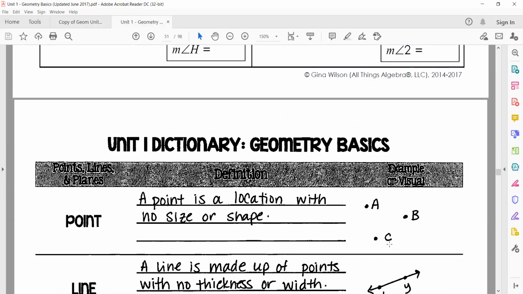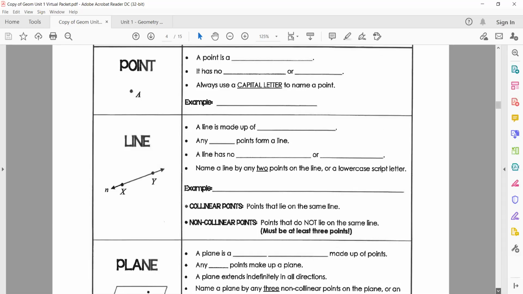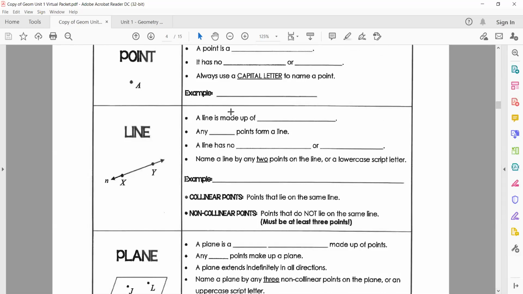Point A, point B, point C. So if filling this out will help you remember some of these definitions, by all means do that. They're not looking for any new information here. It's the same stuff, just formatted a little bit differently.